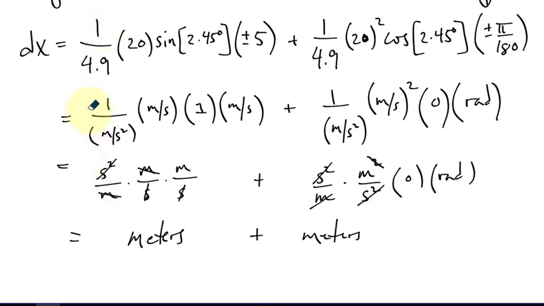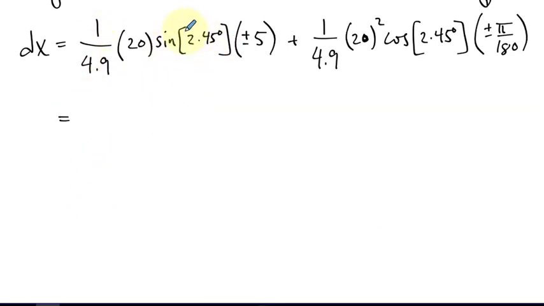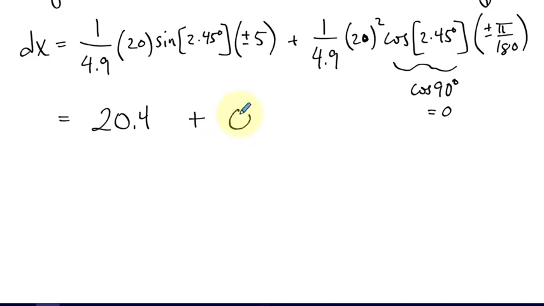Let's go back and actually do the numbers. Sine of 90 is 1. This is 20 times 5. That's 100. 100 over 4.9 is 20.4 meters plus, and of course this is the cosine of 90, and so this all goes to 0. And oh, I'm sorry, I had a plus or minus here, so I did the calculation once with a plus. I also am doing it with a minus.